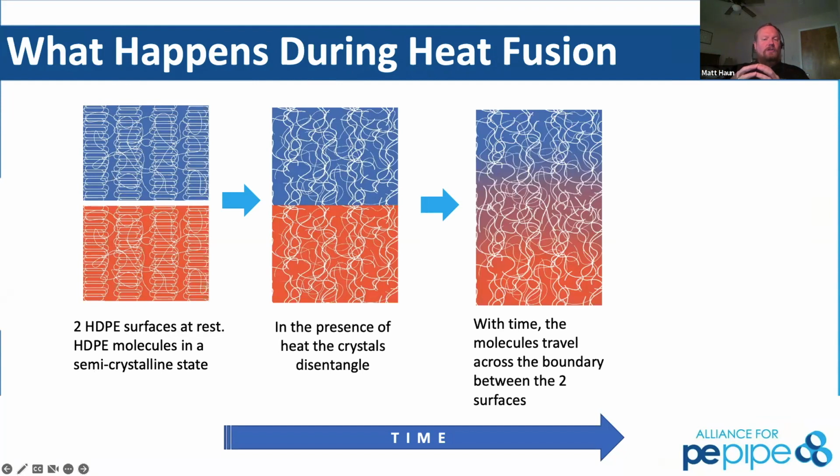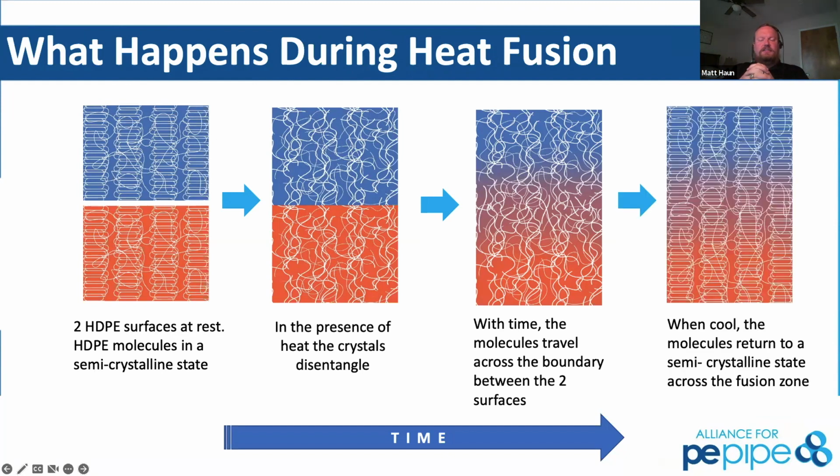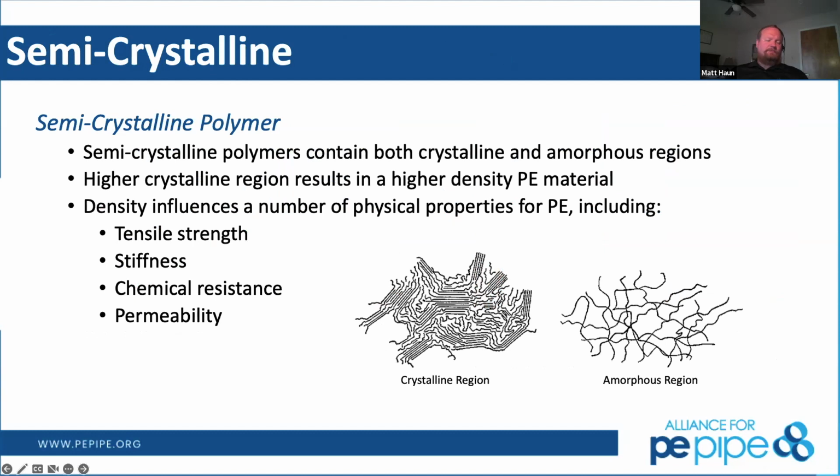As they cool, those intertwined loosened particles are allowed to intermingle between each other. And then as they continue to harden, they're going to recrystallize, making essentially the same two materials whole again as one monolithic structure. And so that's why you're going to have that replicated strength in a heat fusion joint as the rest of the pipe.